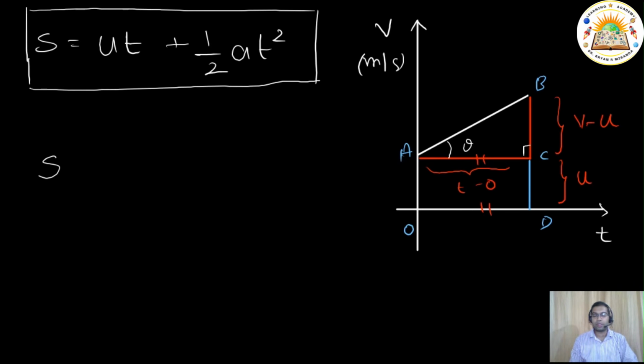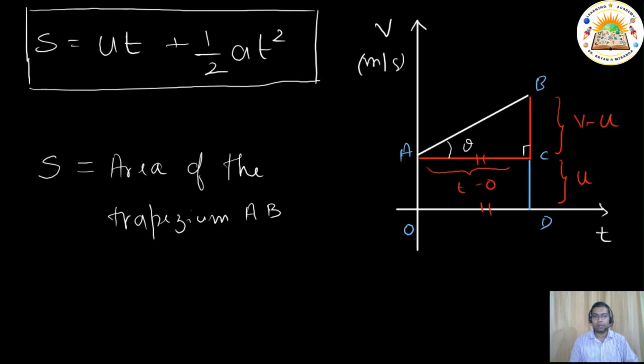For the third equation of motion, we will still use the same expression for displacement. But in this case, we will use the area of the trapezium ABCDO. So this entire area we are including.